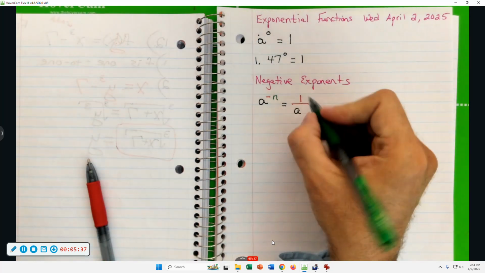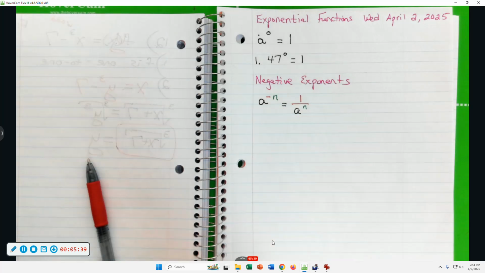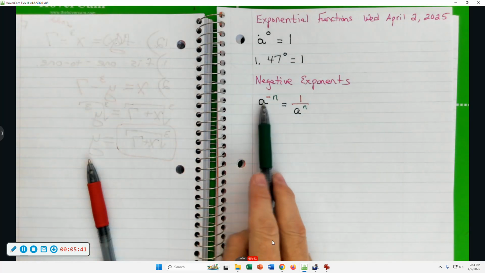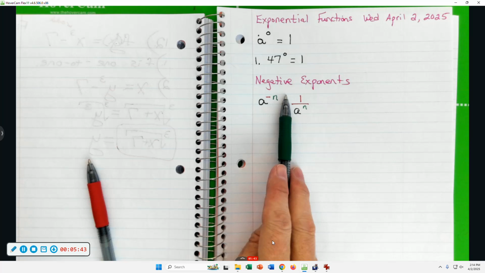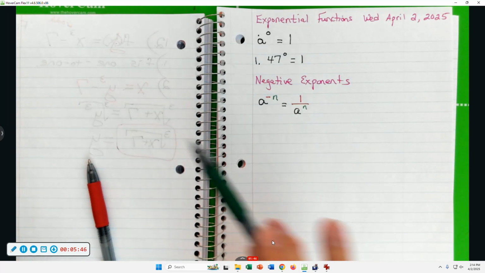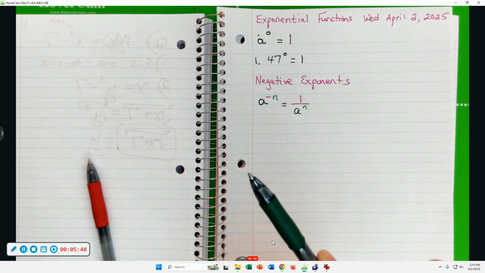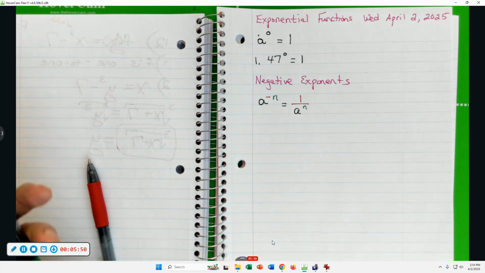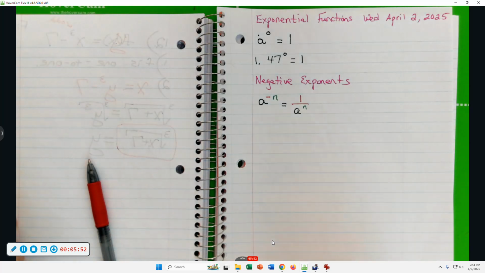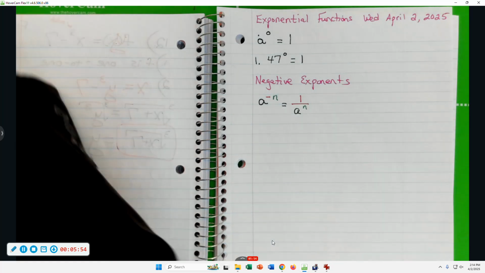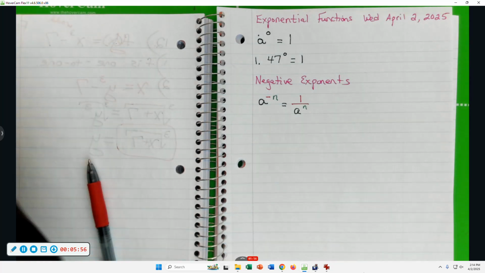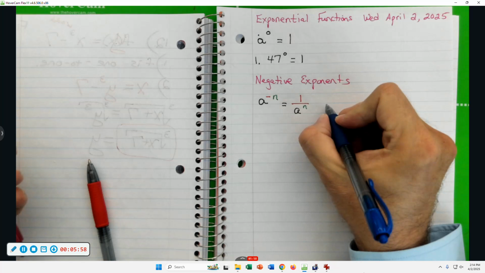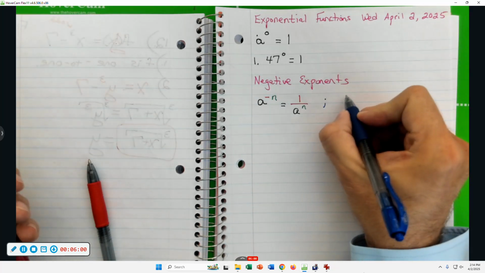I'm going to state the two rules. So if you have just a whole number to a negative power, you write it 1 over, and we'll see examples of that in a moment. And if you actually have a fraction raised to a negative power, here's the second rule for negative exponents.